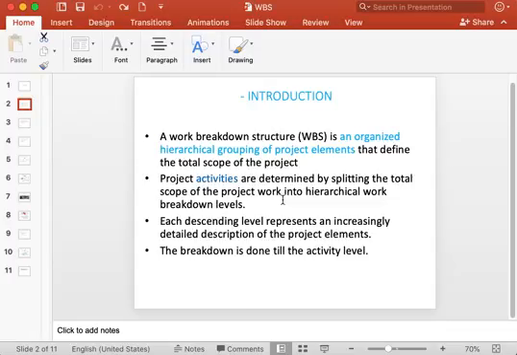Each lower level represents an increasingly detailed description of the project elements, and the breakdown of the whole project is done until the activity level, which you will see.